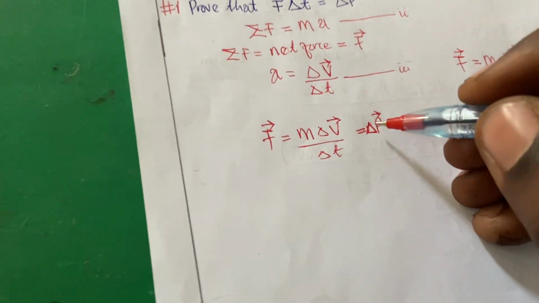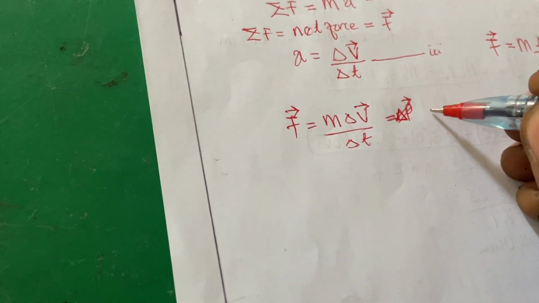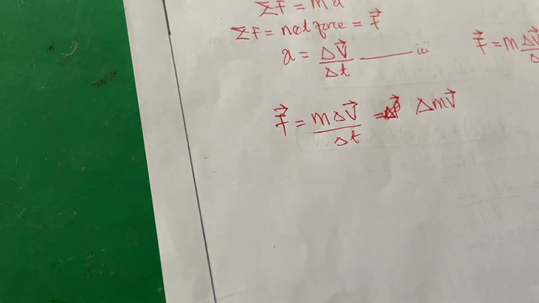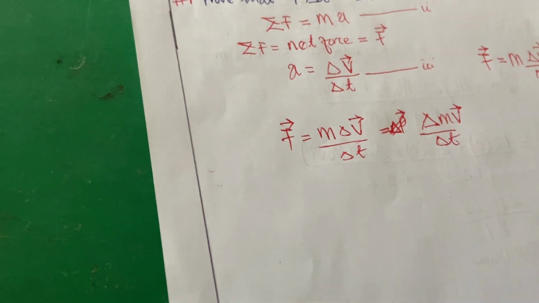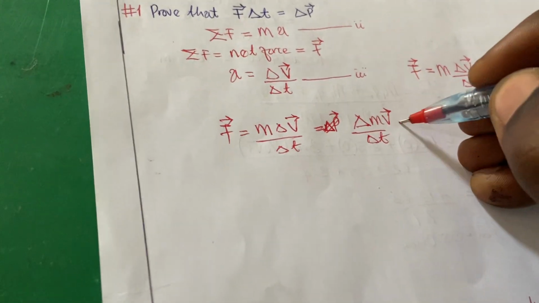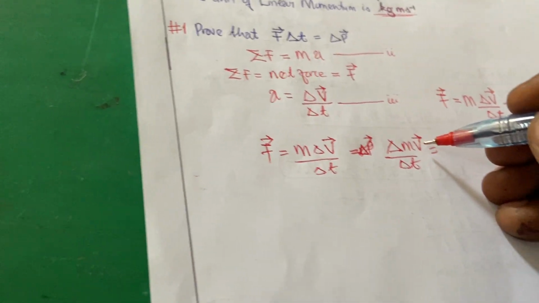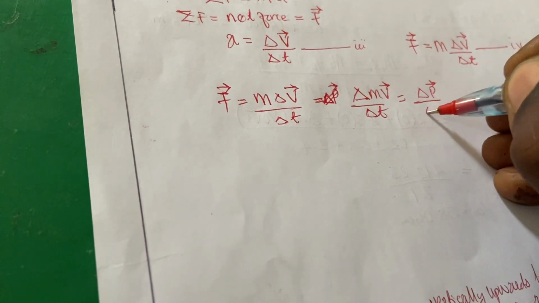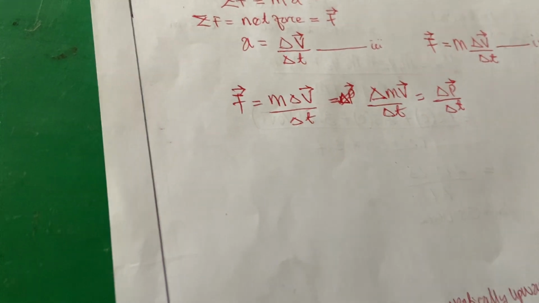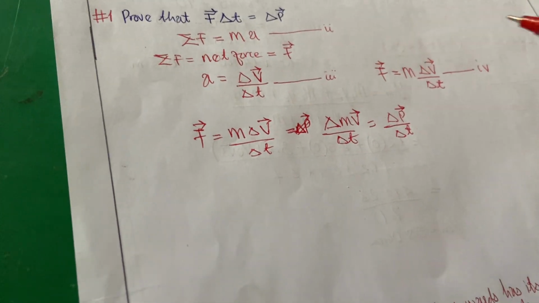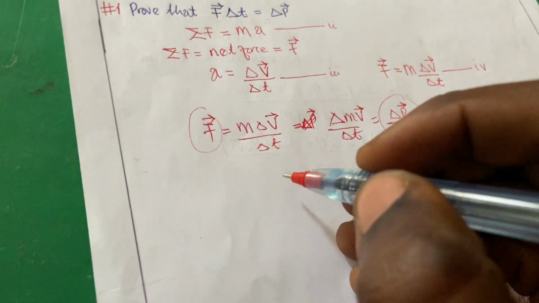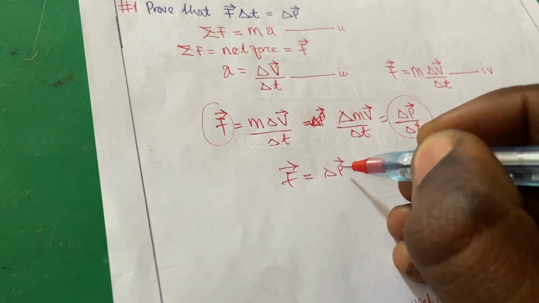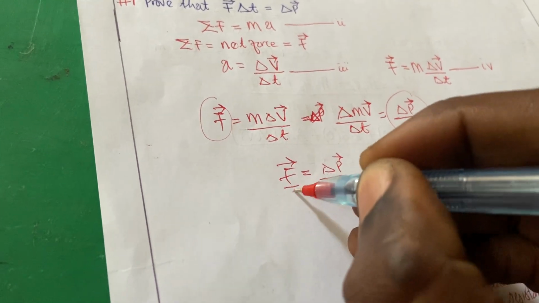or better still, let me simplify it like this. This becomes change in mv over change in T. So mv is the momentum, so I'll write change in P over change in T. Looking at this and this, F equals change in P over change in T over 1.